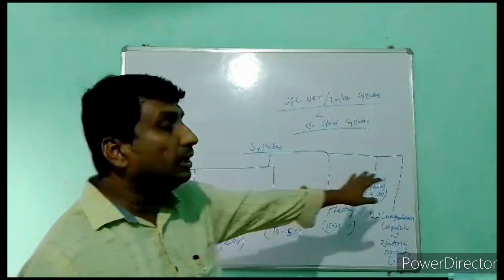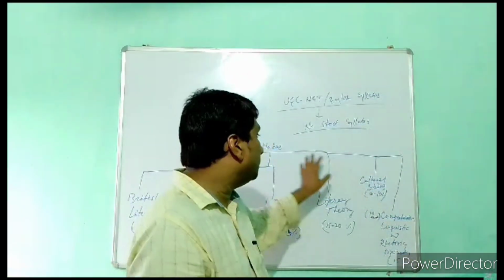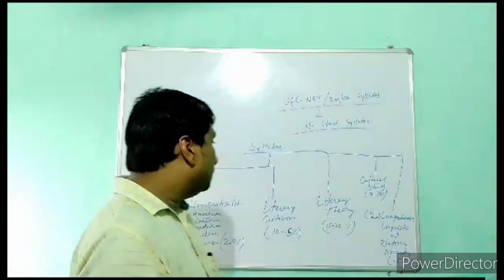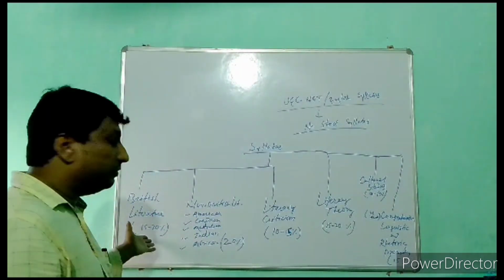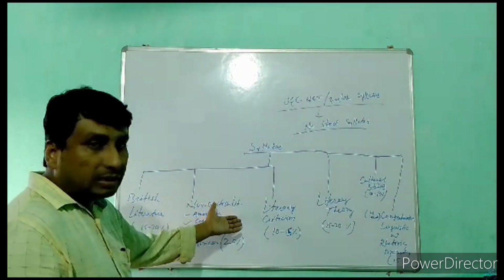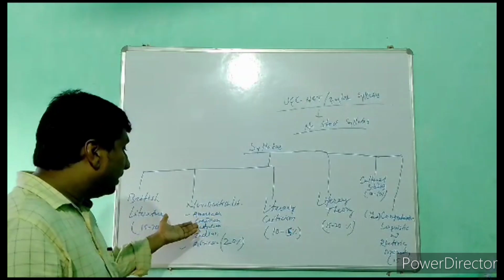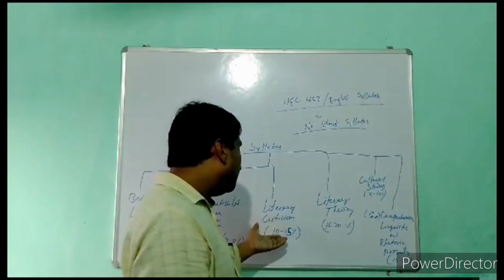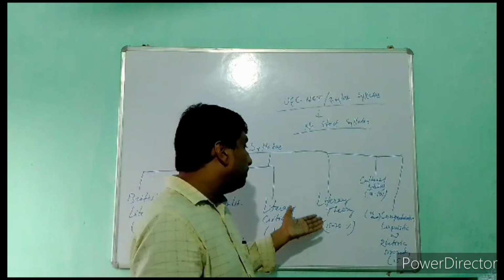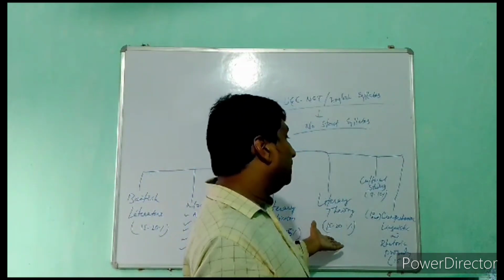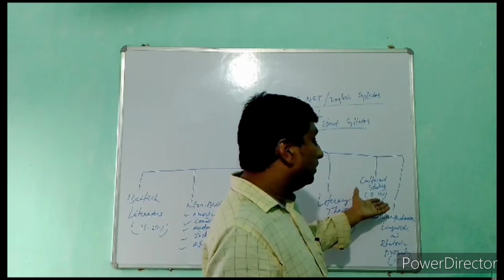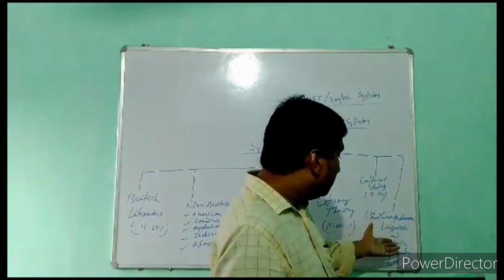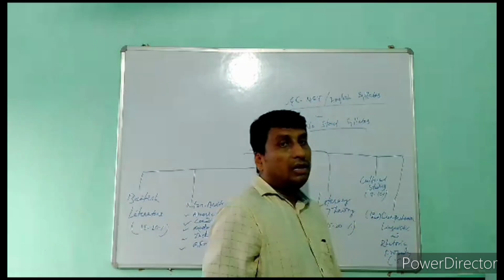So roughly this is the divide, this is the split that I am telling you, right? British literature 15 to 20%, non-British literature comprising American, Canadian, Australian, Indian and African literature nearly 20%, literary criticism 10 to 15%, literary theory 15 to 20%, cultural studies 7 to 10%, and comprehension, linguistics, rhetoric and prosody 15%.